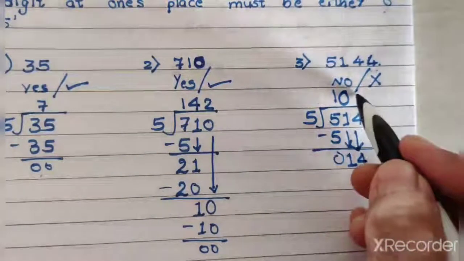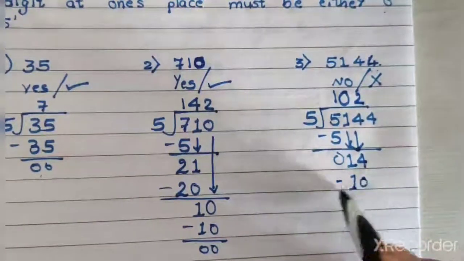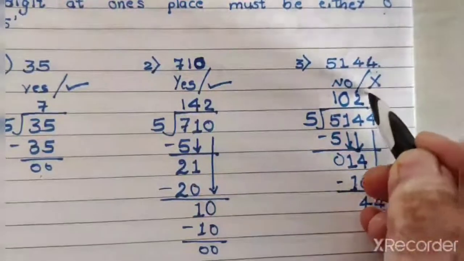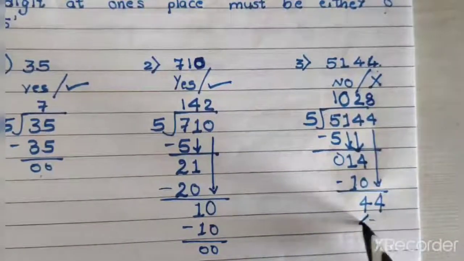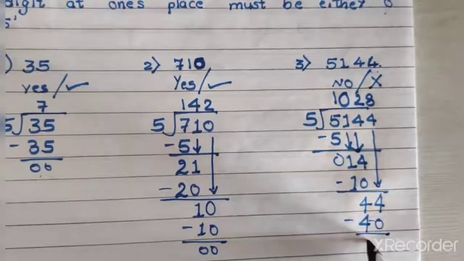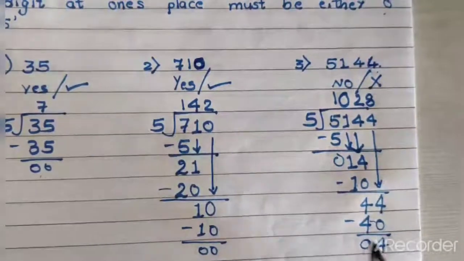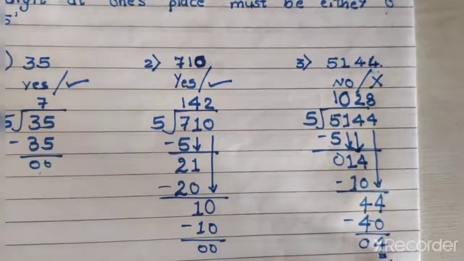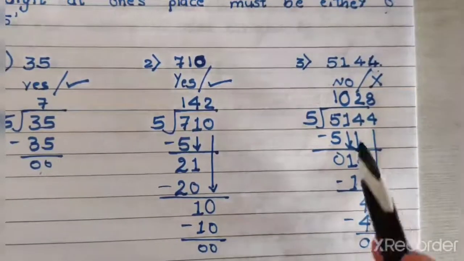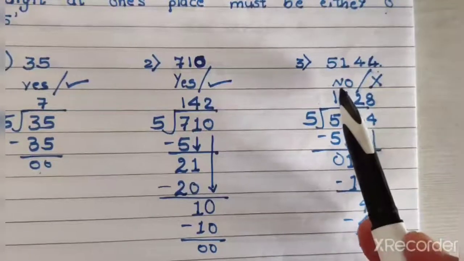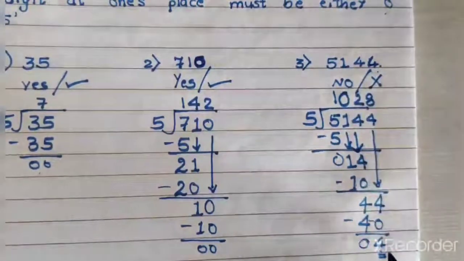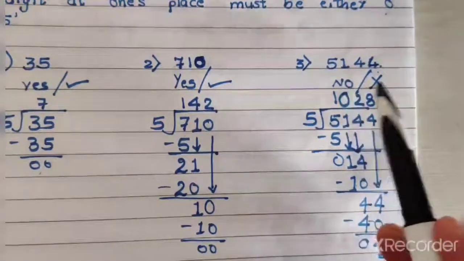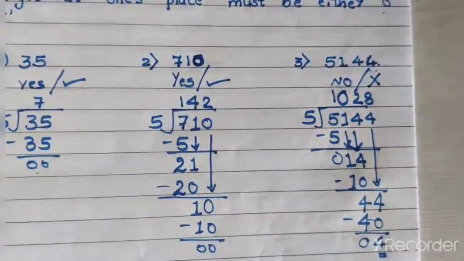So 5 2s are 10. Now 4 is left, and 4 will come down. 5 8s are 40, and then 4 is left. Right? So could you see that there is something left in the remainder? So this is not a complete division, which is what we identified earlier: the given number is not divisible. We proved it. If anything is left in the remainder, then the complete division is not there, and we will say no, it is not divisible.